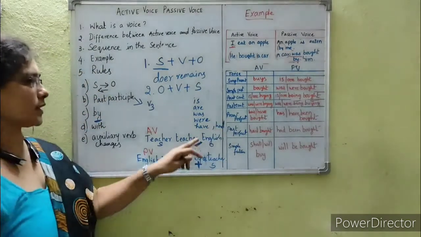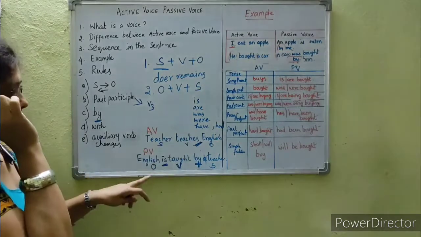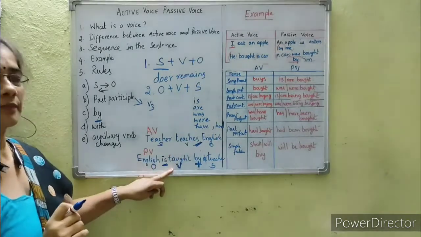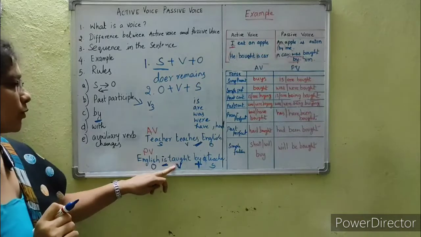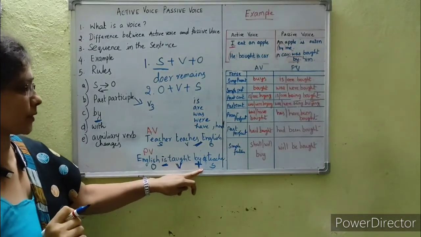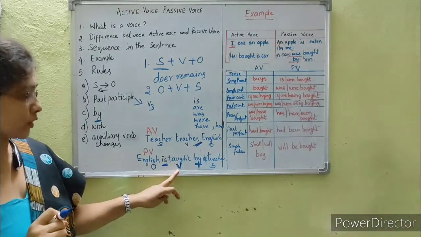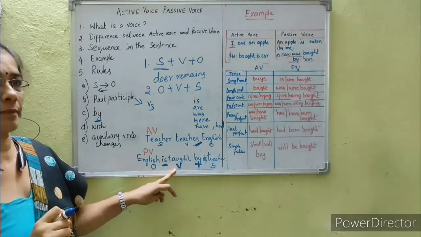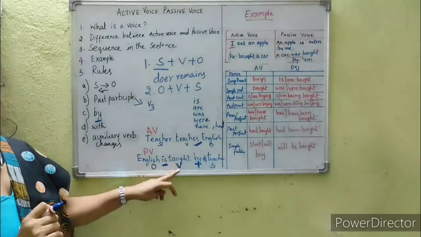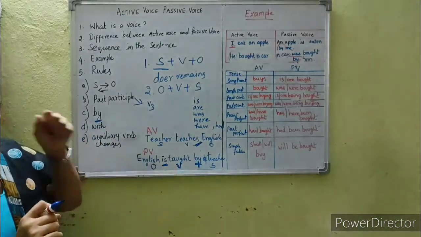These are the auxiliary verbs which we use. So this will change depending on the sentence. In the passive form it is taught by a teacher. Here taught is the past participle verb.